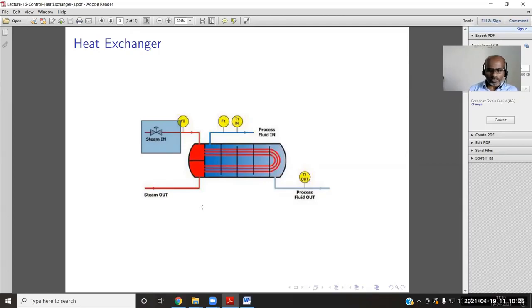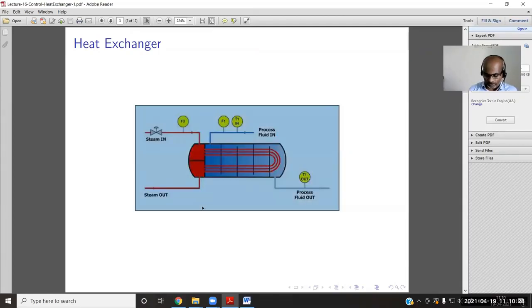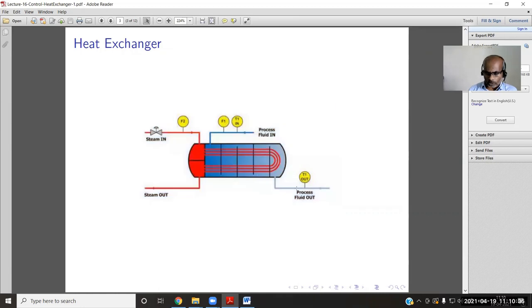So in that way you can at least list out what is the process variable or the output variable of importance, or what is called a controlled variable. These are all terminology referring to the same thing: controlled variable, process variable, or output variable of importance.